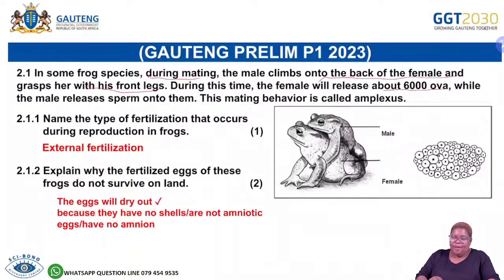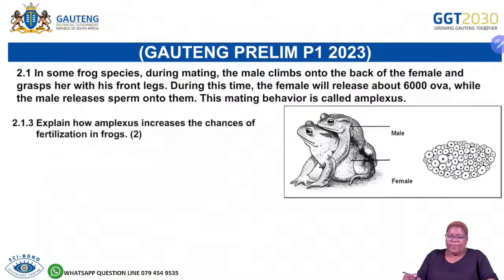It's because the eggs will dry out on land, because they have no shells. They are not amniotic eggs, and they have no amnion. Remember, frogs can live on land or in water. Okay? Right, Prelim Paper 1 of 2023.